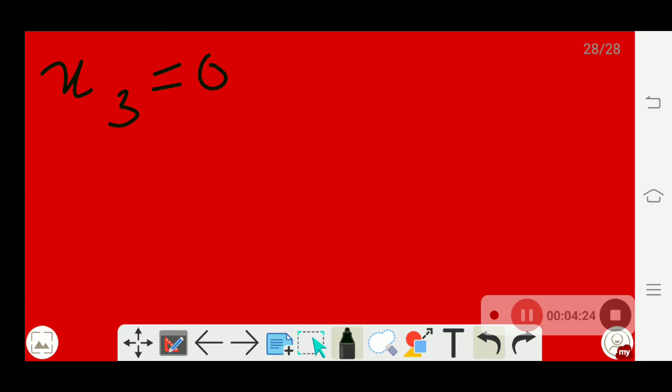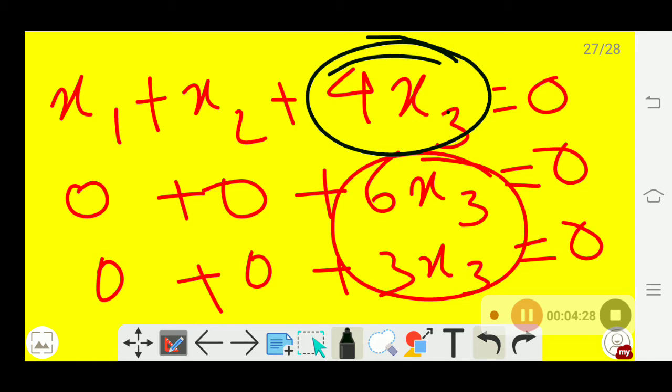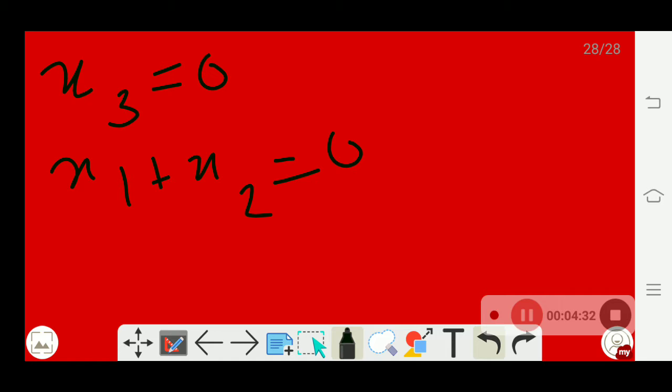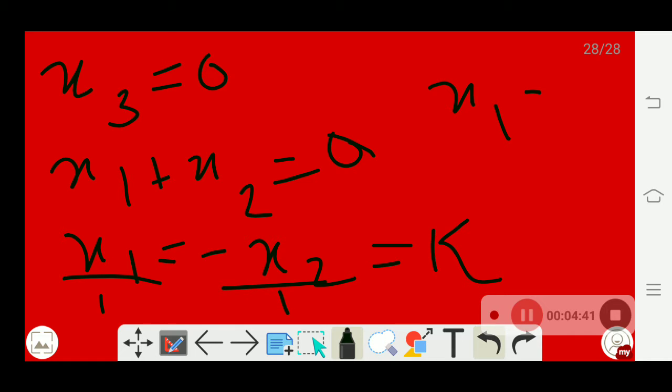What we are left with is x1 plus x2 is equal to 0. Are you getting my point? So x1 is equal to minus x2. And as per the ratio I have told, x1 is equal to k, x2 is equal to minus k, and x3 is equal to 0.